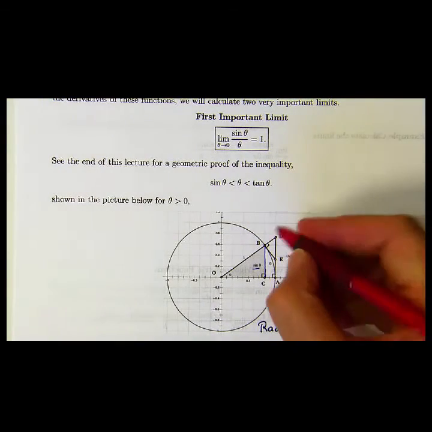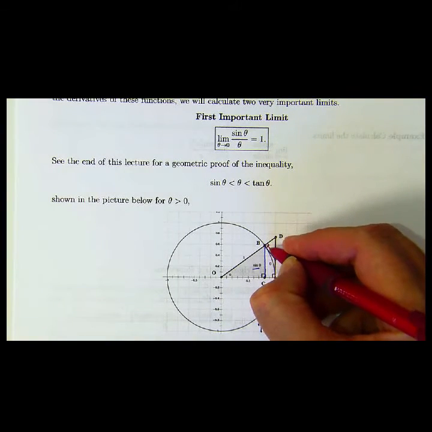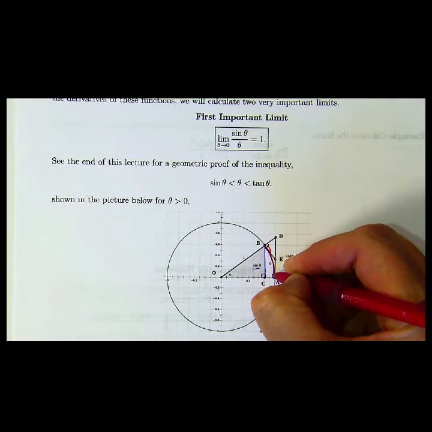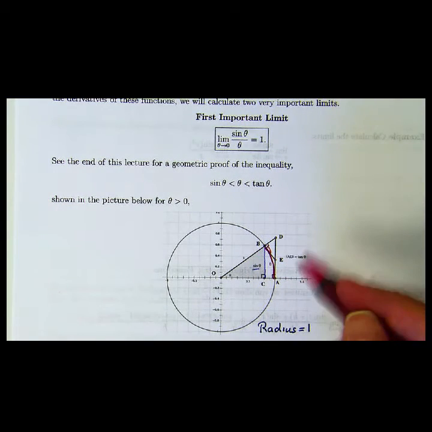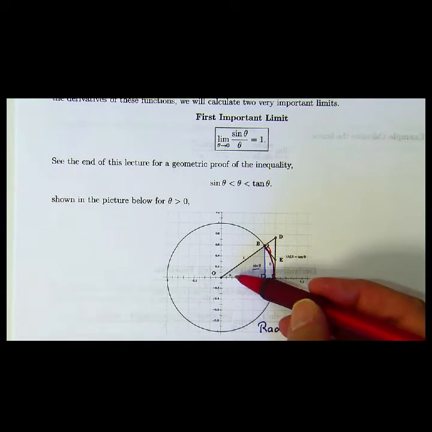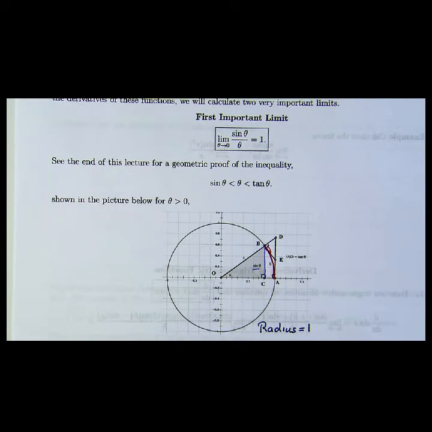And the length of the arc of the circle opposite the angle is theta, because theta is to the circumference as the angle is to the angle 2 pi.